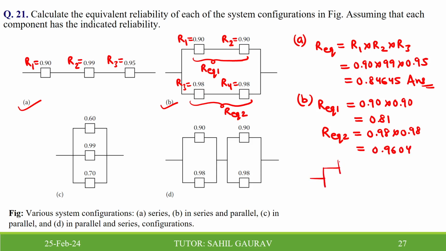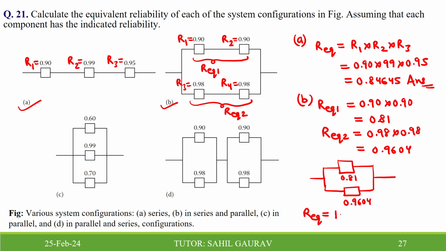Now it becomes a parallel combination. This has a reliability of 0.81 and this has a reliability of 0.9604. Then we have to find the reliability of this parallel system. How will we find it?